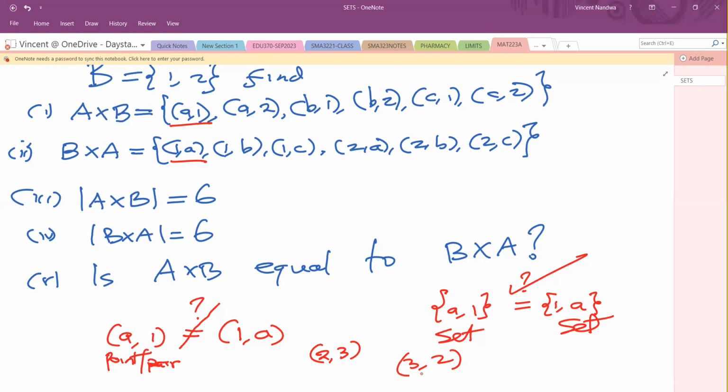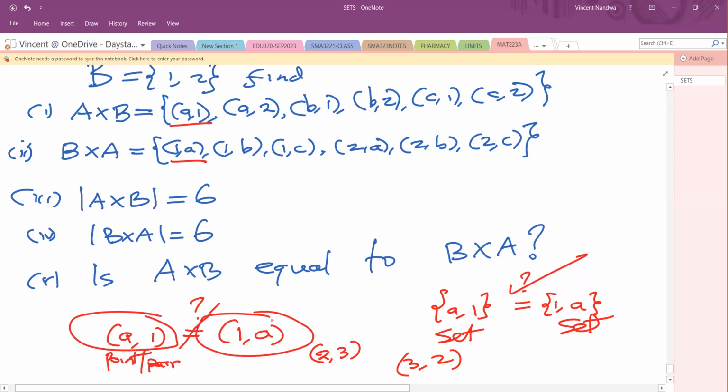So that's why I'm saying you have to be very careful on the notation of what you're writing, because careless use of brackets can lead to misleading information. So if you are writing a set, if you write {a, 1}, it will be the same thing as {1, a}. But when you are writing pairs, like this one here, elements of the Cartesian product, then these are not the same.